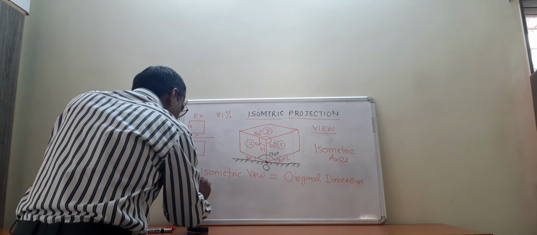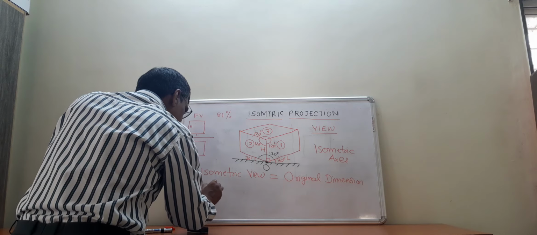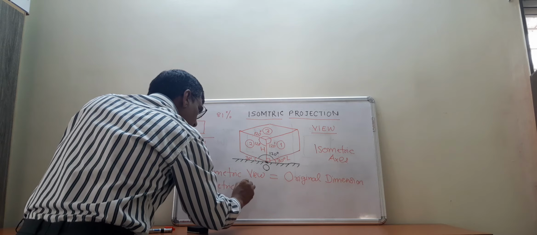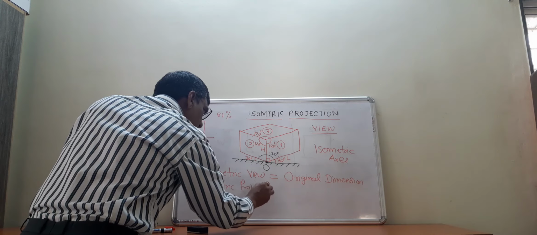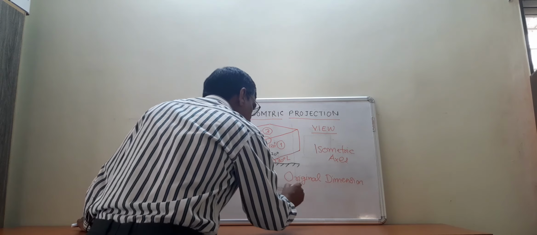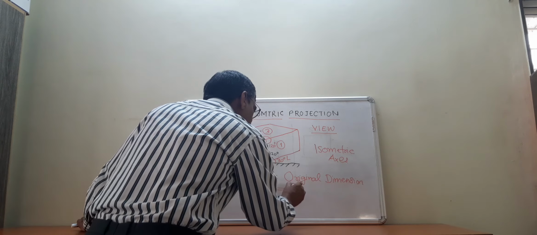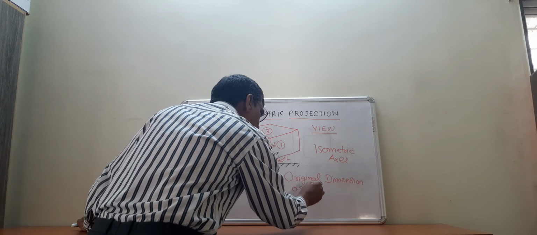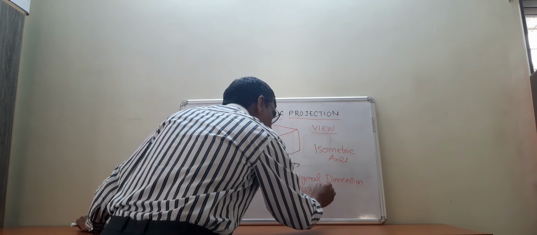In isometric projection, equal reduction in dimension will take place. So that will be 0.813 multiplied by the original dimension.